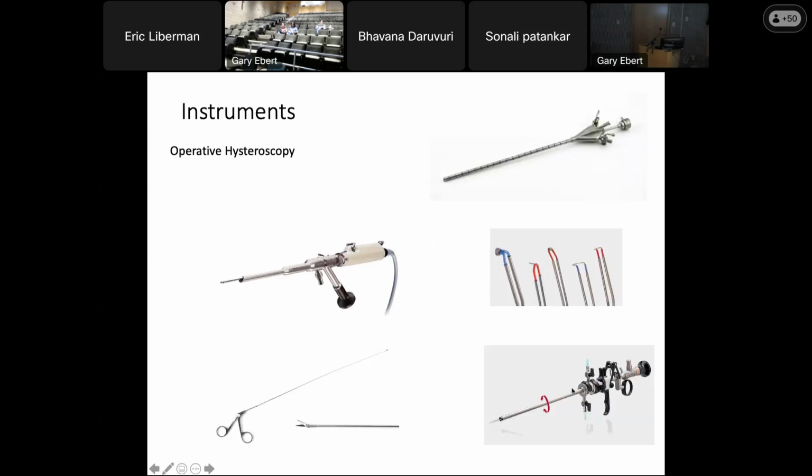The bottom right one, which is the one that I prefer, is a bipolar hysteroscopic resectoscope. It's 7 millimeters. And above it, you see these instruments. There's different instruments available, whether it's a hook or a roller ball that allows you to, depending upon what you're doing, whether you're resecting fibroids or doing an ablation or doing a uterine septum.